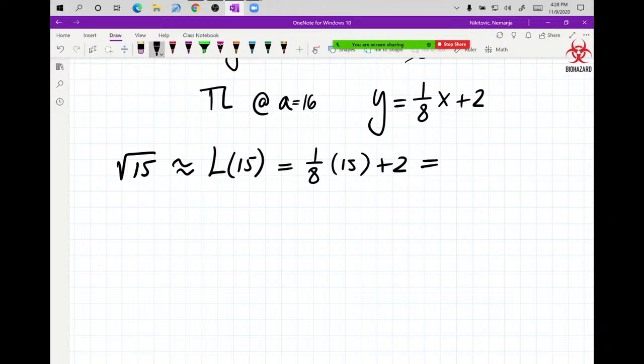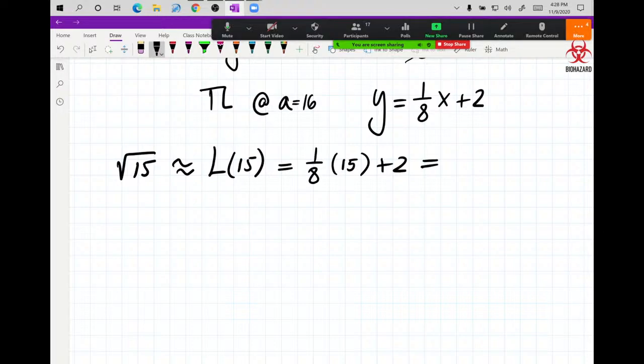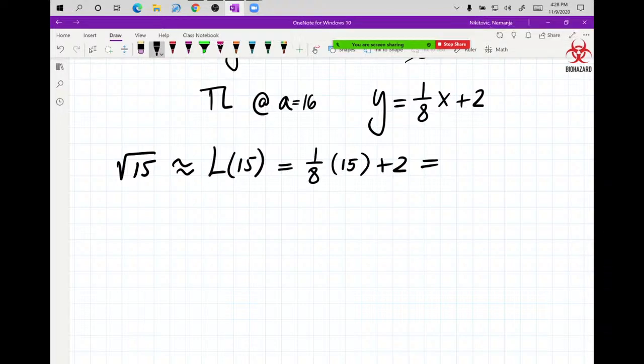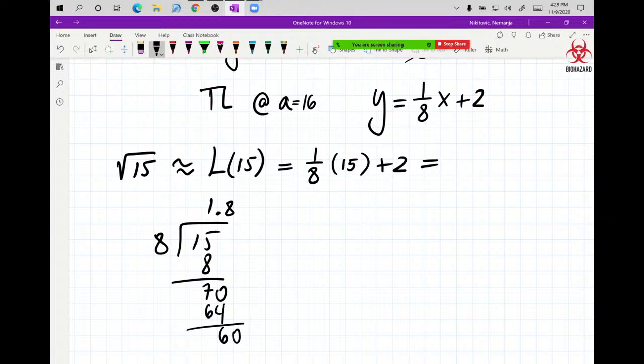See? And now you don't need your calculator to compute this, because you should be able to use the stick in the sand and compute this without the calculator. So 8 into 15, right? And then you just add the 2. So 8 into 15 goes once, gives you 8, subtract, 7, put 70, you get a decimal point there. 8 into 70 goes 8 times. 8 times 8 is 64, gives you a 6, put a 0, right?